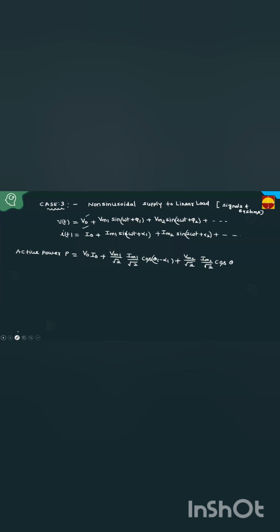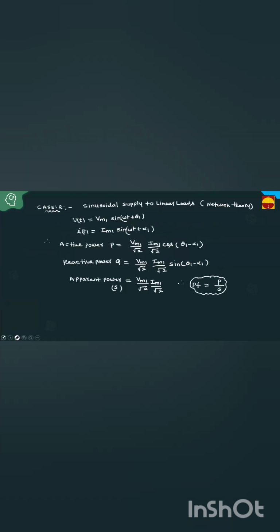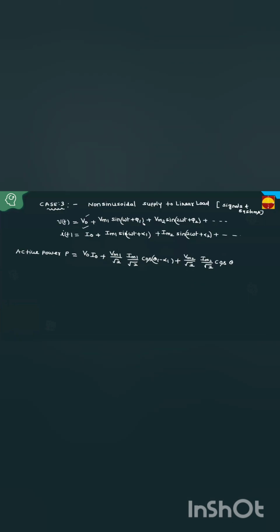Just think, taking this as theta 1 and this as theta 2, I am taking theta 1 there, plus also.